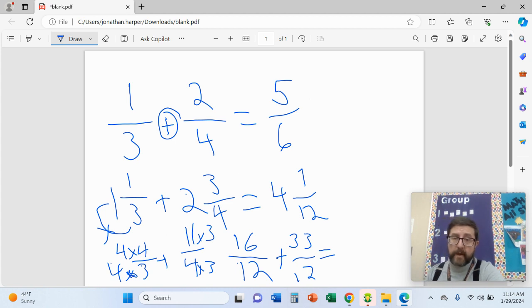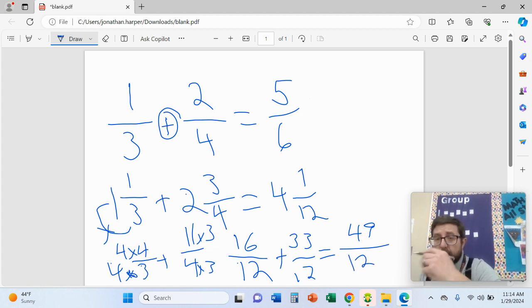Now we add them together. We go 16 plus 33, 6 plus 3 would be 9, 1 plus 3 would be 4. So it would be 49 over 12. Now, we got another step here.